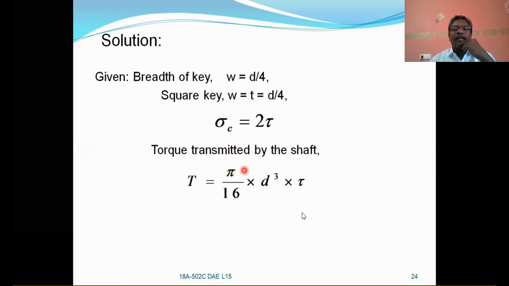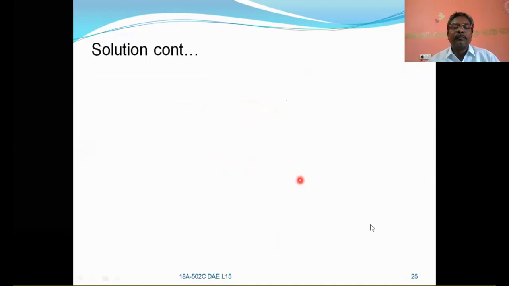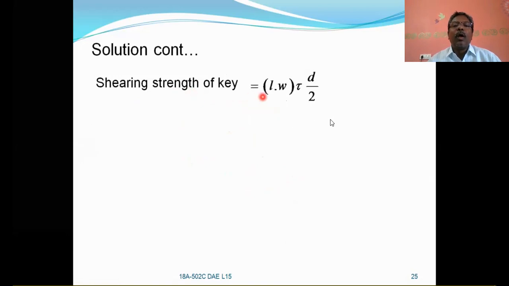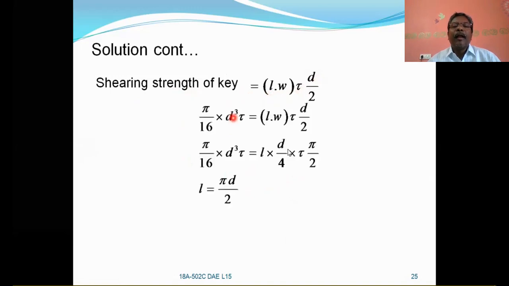Torque transmitted by the shaft is equal to pi by 16 d cube into tau, and the shearing strength of the key is equal to L W tau d by 2. If you equate these two, the shearing strength of the key and the shearing strength of the shaft, pi by 16 d cube tau is equal to L into W into tau into d by 2.